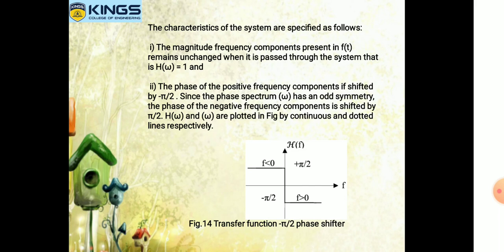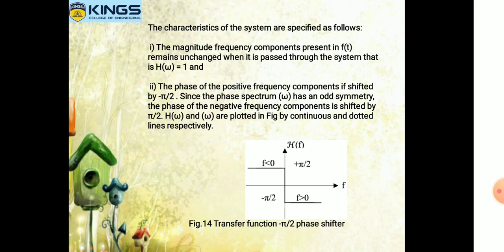And the second point, the phase of the positive frequency components is shifted by minus pi by 2. Since the phase spectrum theta of omega has an odd symmetry, the phase of the negative frequency components is shifted by plus pi by 2. So, mod h of omega and theta of omega are plotted here in the following diagram.